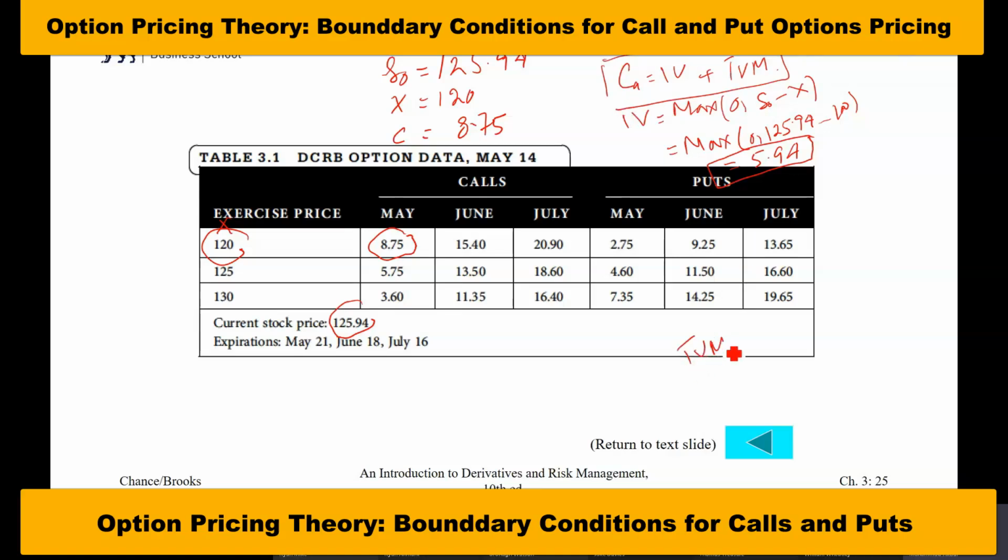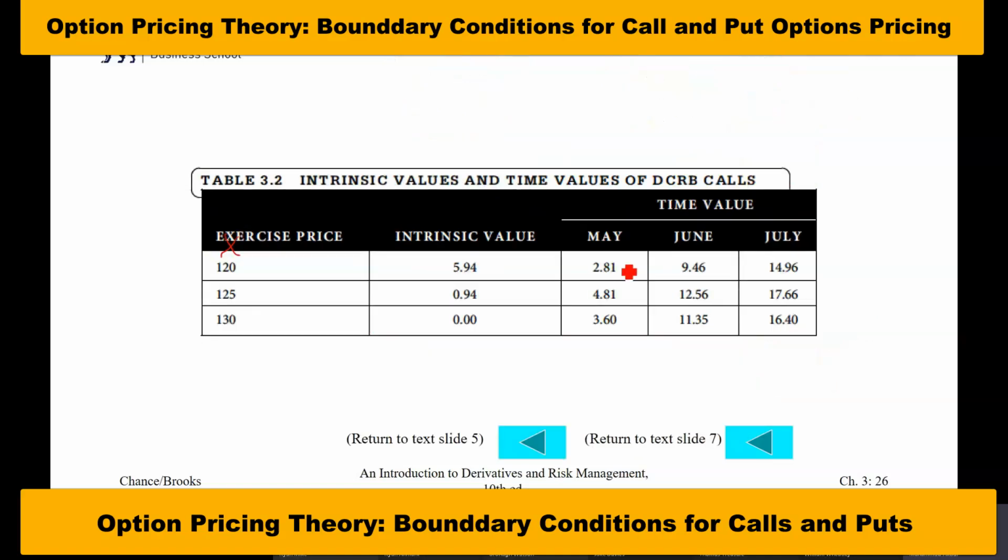Now, if I know that the intrinsic value is 5.94 and I know this relationship, I can calculate the time value of money, which is equal to the price of an American call minus the intrinsic value. The price of the American call is 8.75, so 8.75 minus the intrinsic value of 5.94. If I do this, I get 2.81.